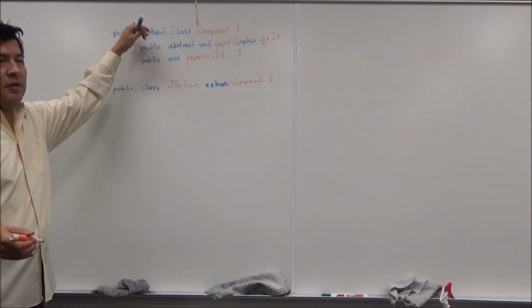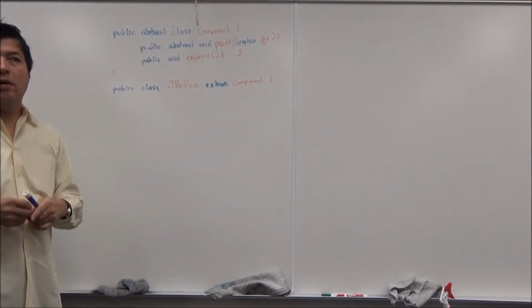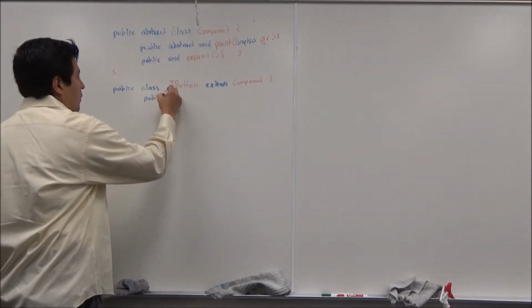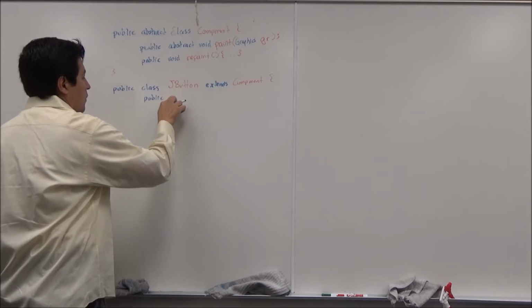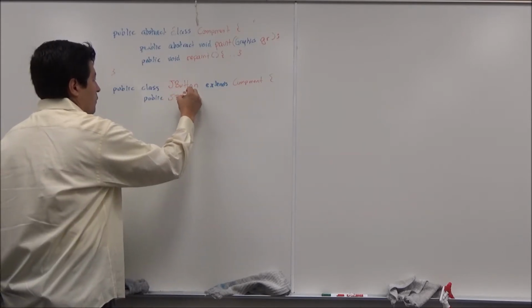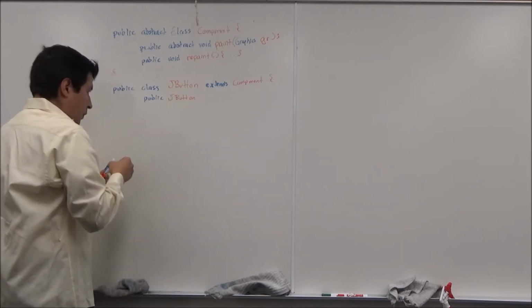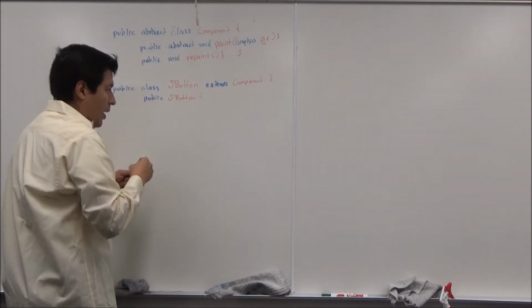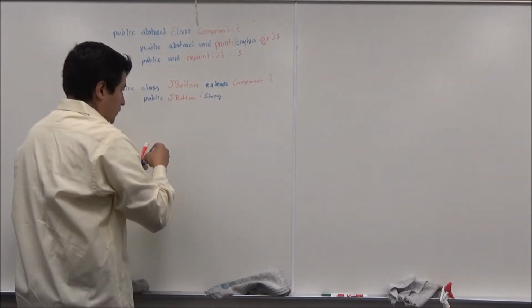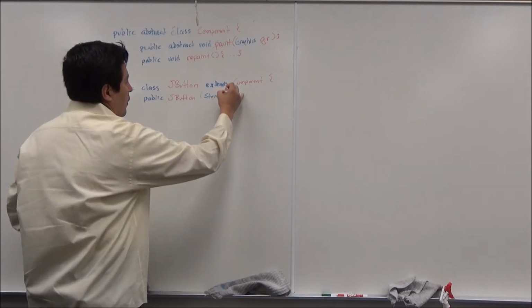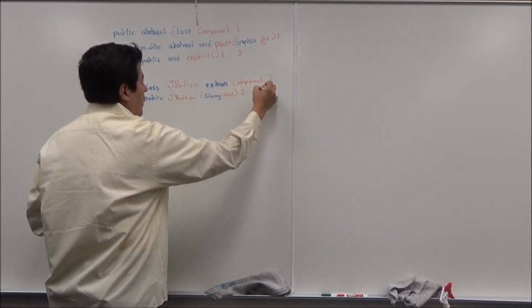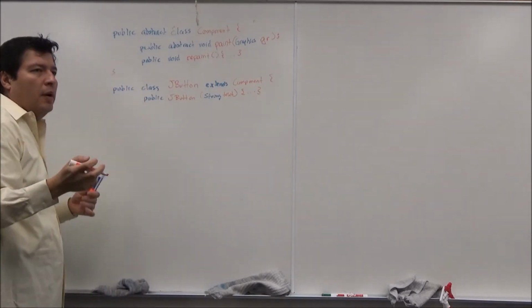And of course, there's like plenty more methods there. And this one has a constructor that takes string as a parameter. And basically, it takes the text to display the button.